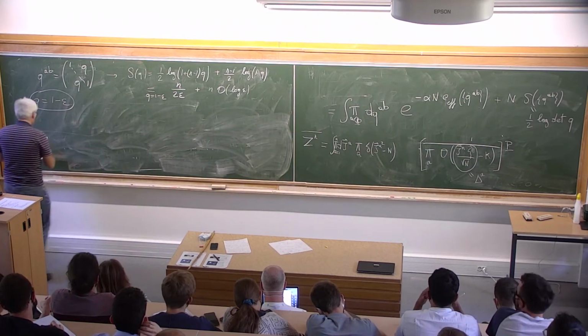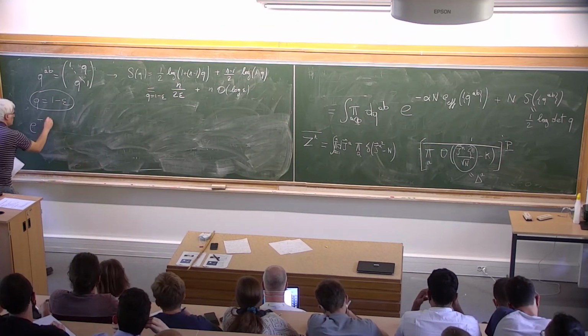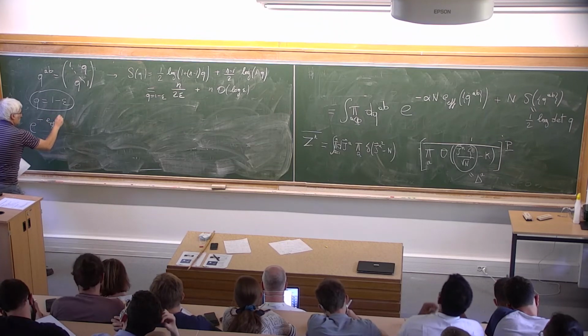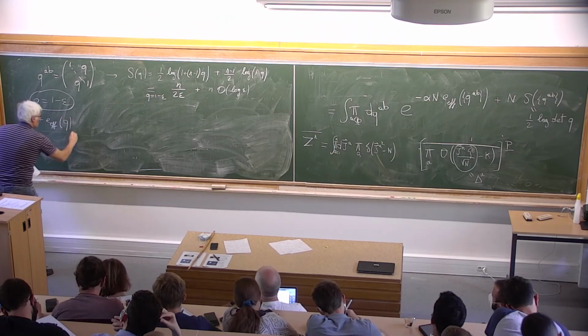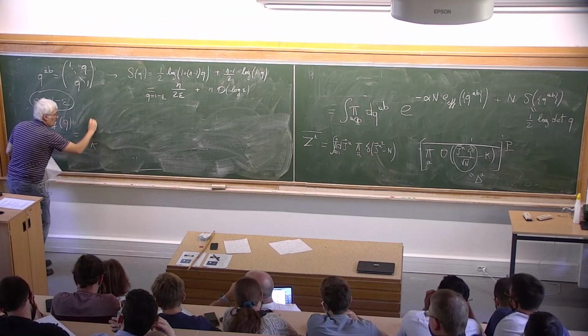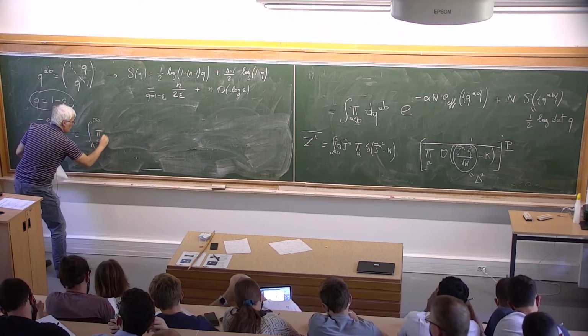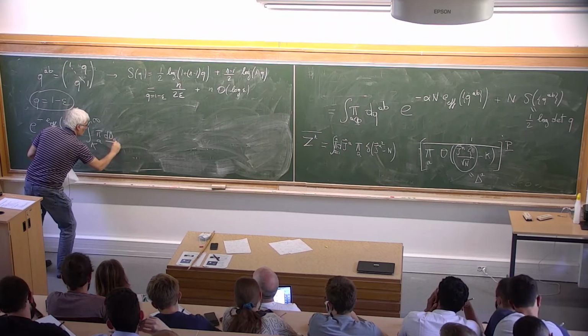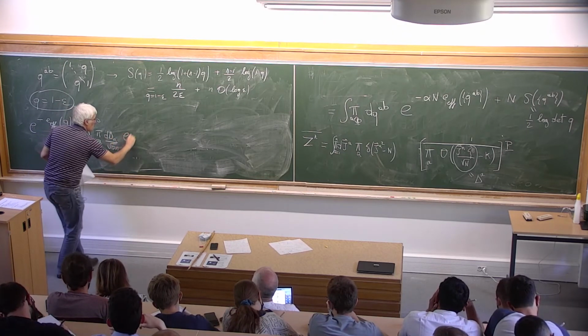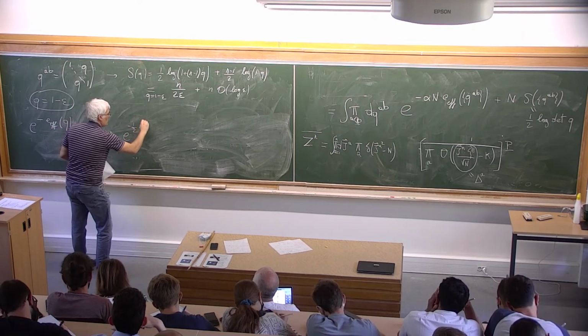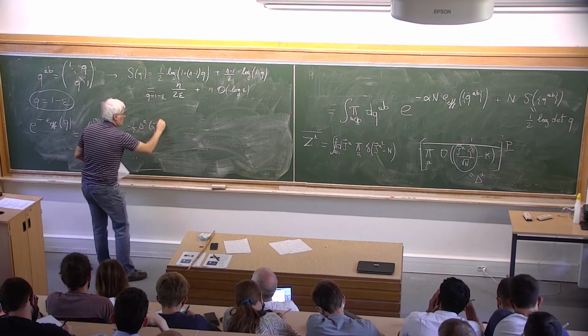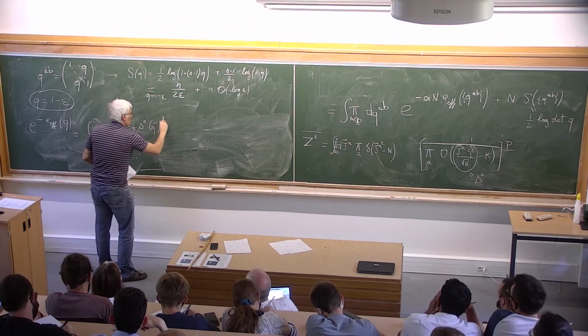I have to deal with this one, which is, remember what it is? This is the product from kappa to infinity, d delta a over square root of 2 pi, exponential minus 1/2 delta a (q minus 1)ab delta b.